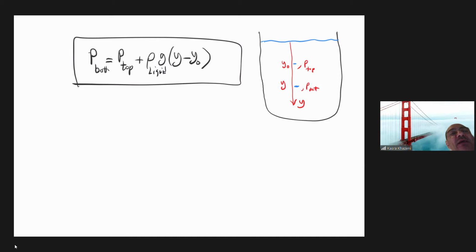So the P at level y naught and the P at the bottom at level y are related by this equation.